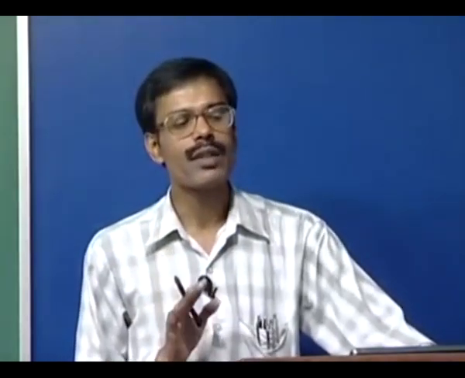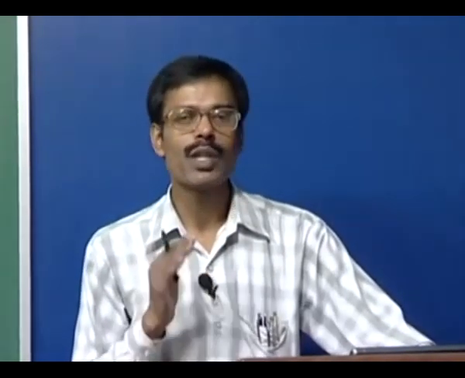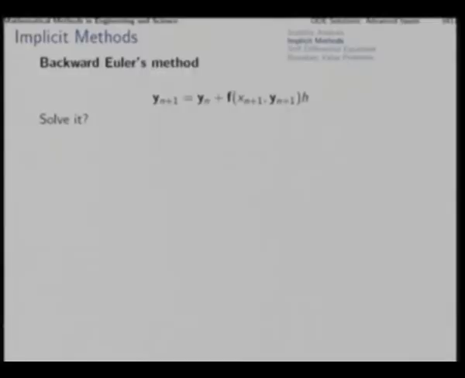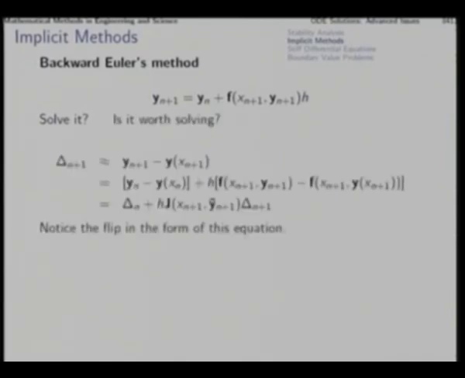So, we can solve it by Newton-Raphson iteration or whatever, but first we ask the question, is it worth solving it? That is, the problem of instability, will that be addressed if we solve this and accordingly find y n plus 1? So, let us first try to see whether it is worth solving this in order to evaluate y n plus 1. For that we try to make a similar analysis.